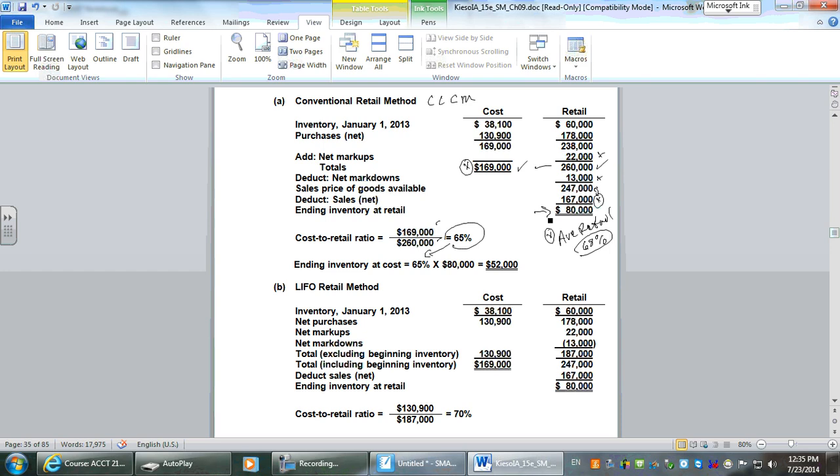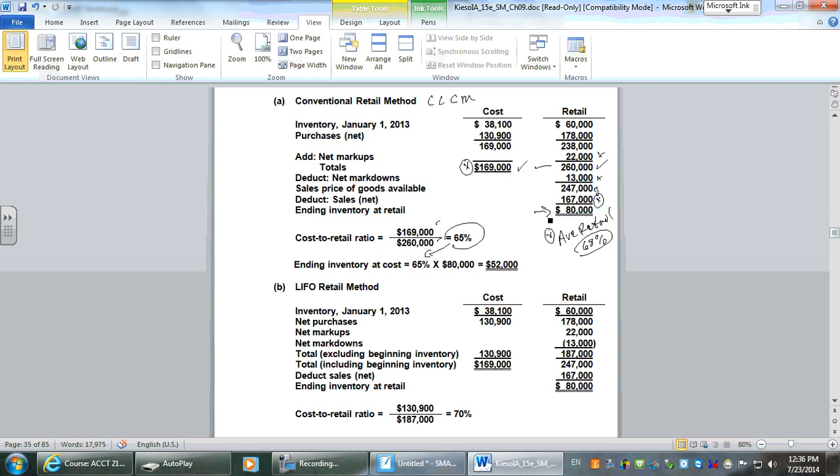You've got to include the markups and take out the markdowns to do that. Okay, you have to do it anyway. It's just relating the percentage when you take it out. And then they deducted their sales, which would be net sales. It's their sales, less sales returns and allowances, less sales discounts, right? Okay, and we get down to what? Ending inventory at retail. So now this 80, I just take it times the 65%, and I get 52,000 as my ending inventory at cost.